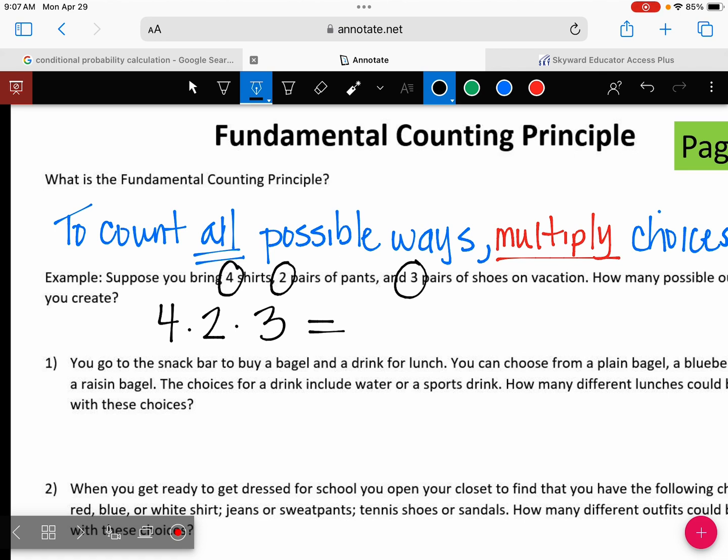So it is 4 times 2 times 3, 24. So there would be 24 possible outfits. So you can create 24 different outfits if you bring 4 shirts, 2 pairs of pants, and 3 shoes.